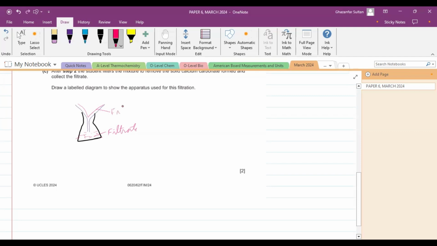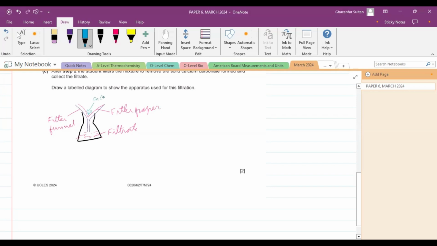This is filter paper. This is filter funnel. It is not necessary to label this conical flask because there could be anything.